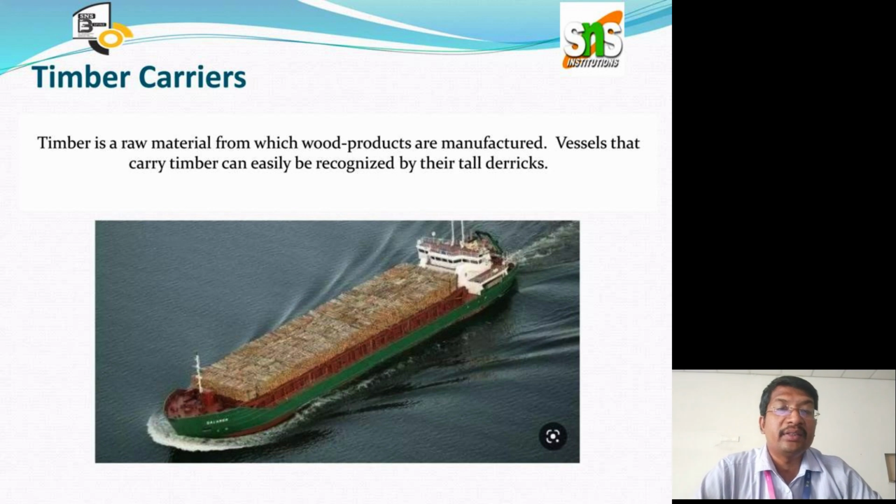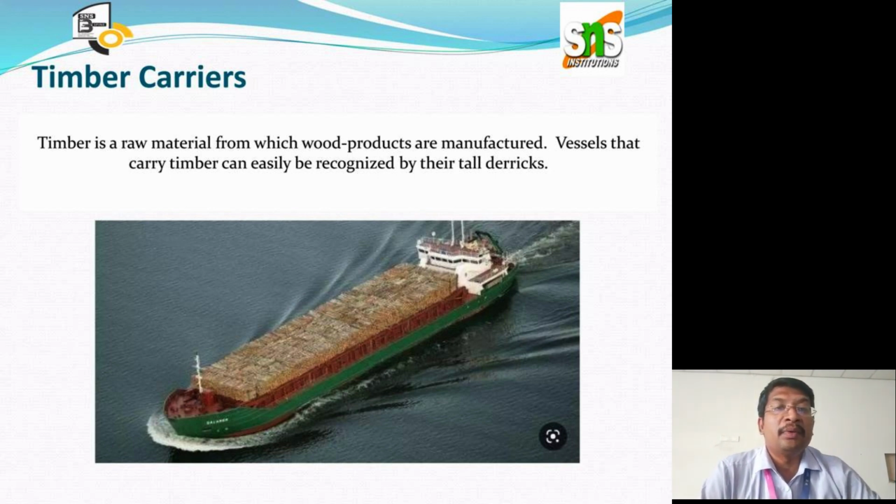Next, timber carriers. I already mentioned timber. It is nothing but trees cut off. Timber is a raw material from which wood products are manufactured. Vessels that carry timber can easily be recognized by their tall derricks. You can carry huge amounts of timber on this ship, which is used specifically as a timber carrier.